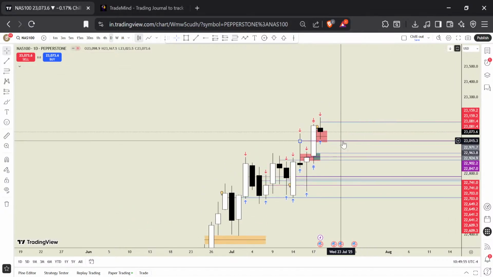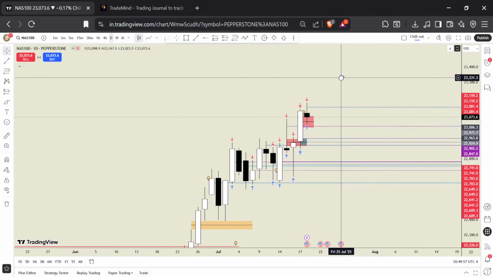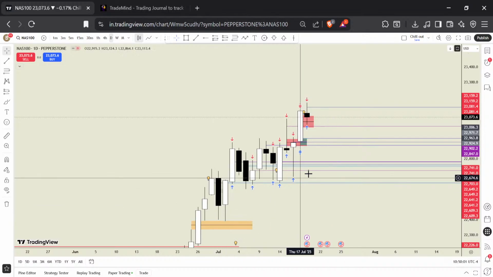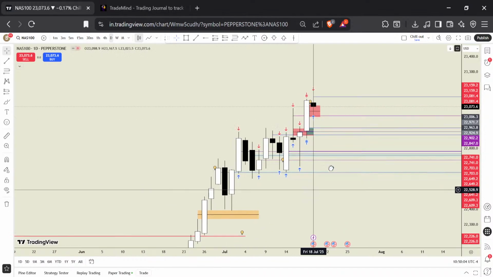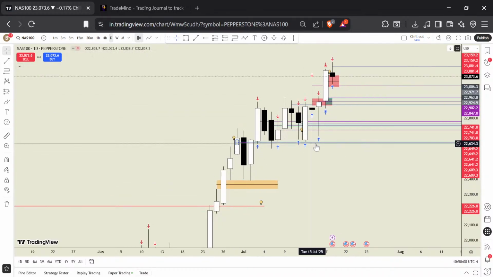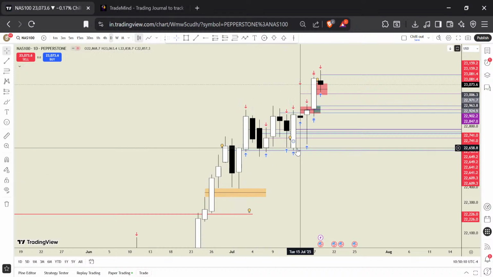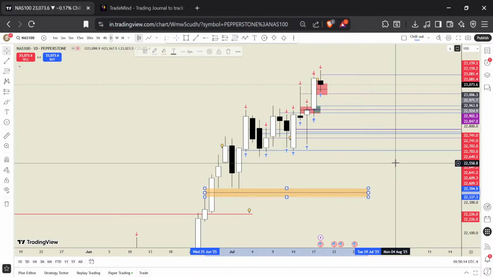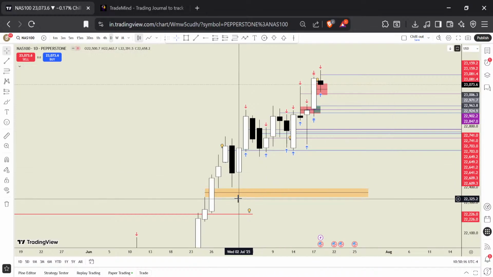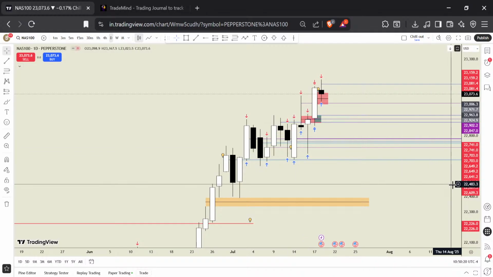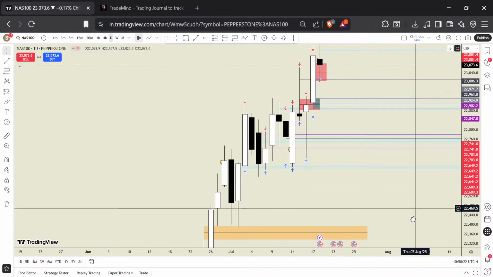So we might expect a consolidation, or we might expect the market going up and then taking all these lows, because you can already see there are equal lows here. There is a lot of liquidity resting below this area, so this also might happen. So we have to just wait and watch.